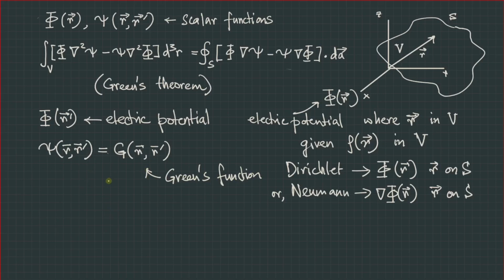Now what is special about this Green's function? This is not any arbitrary function like psi. Green's function has the property that the Laplacian is equal to minus 4 pi delta of r minus r prime. Here the primed del operator means that we are taking the derivatives with respect to this variable. So this is the well-known Dirac delta function.